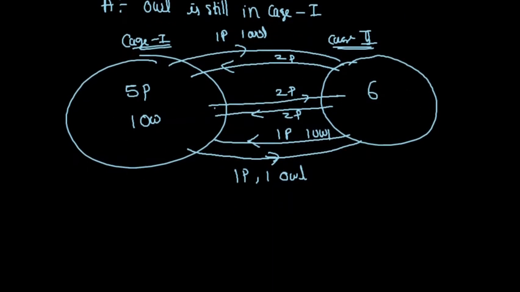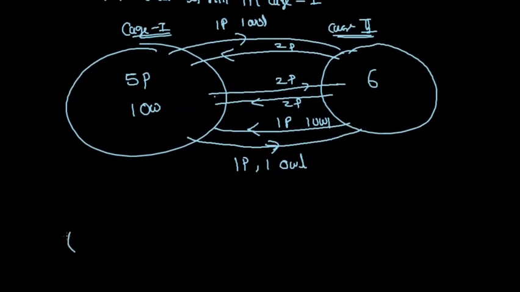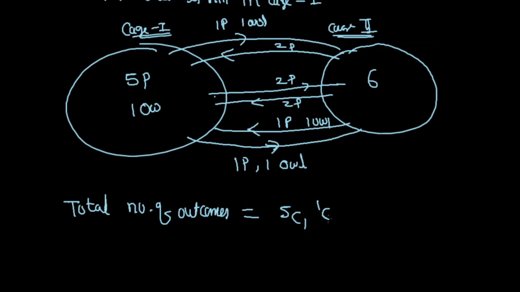Now let us find the total number of outcomes. We have 5 parrots and 1 owl. Out of 5 parrots, we selected 1, and out of 1 owl, we selected 1 owl. It went from cage 1 to cage 2.